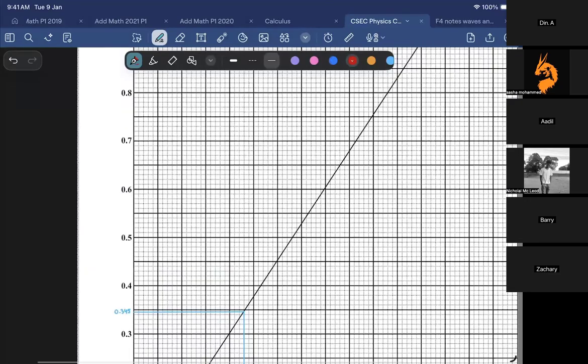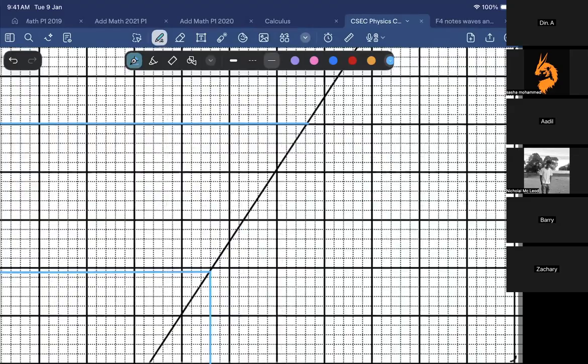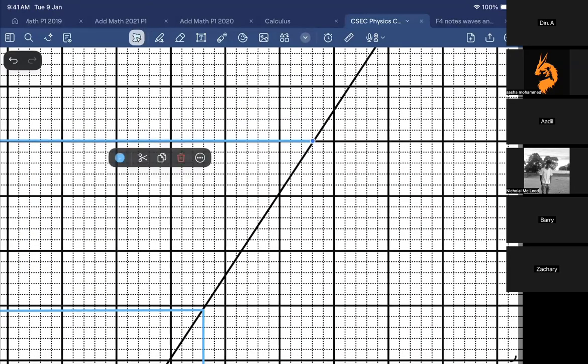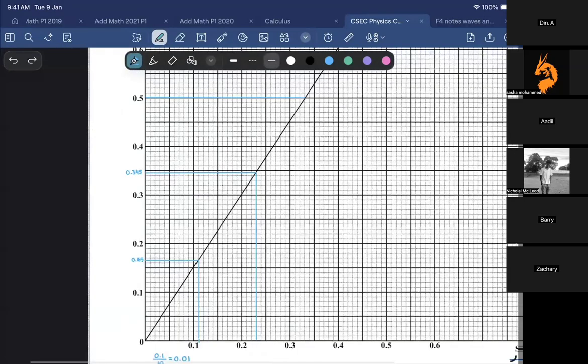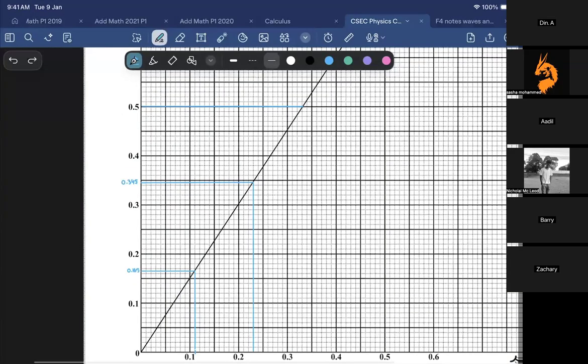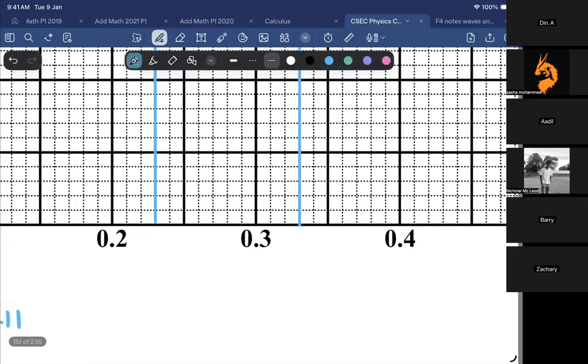Yes, sir. 0.50 is over here. I'm going to draw a horizontal line, and we can see that it cuts the graph at this point over here. So the next step is just to draw a vertical line down. What does that give me? What do you read off? So that's 0.33.